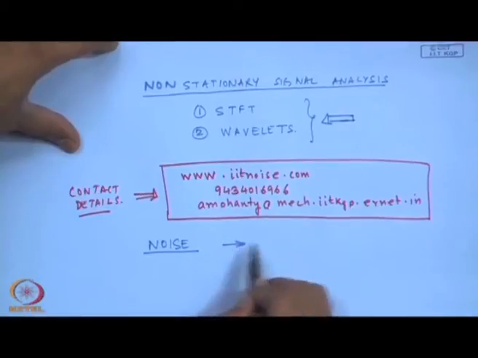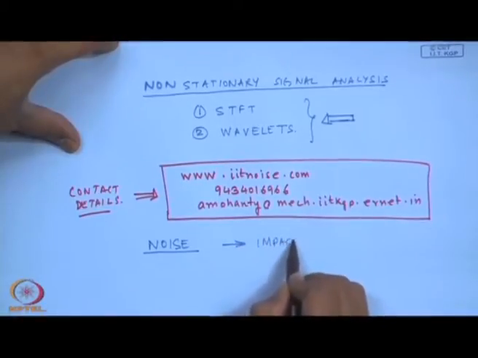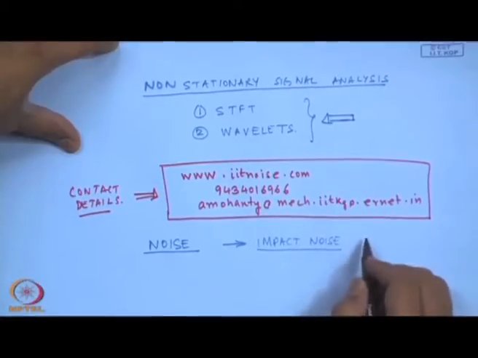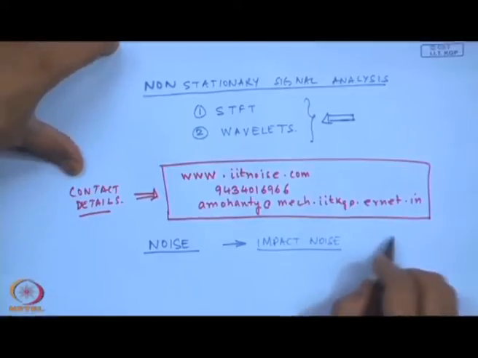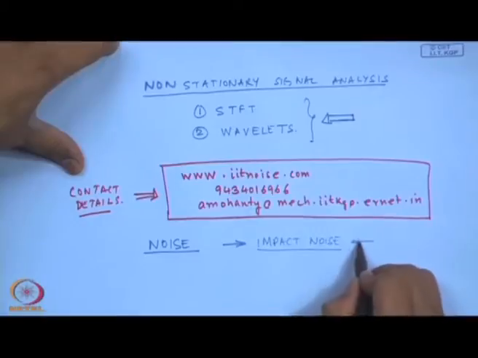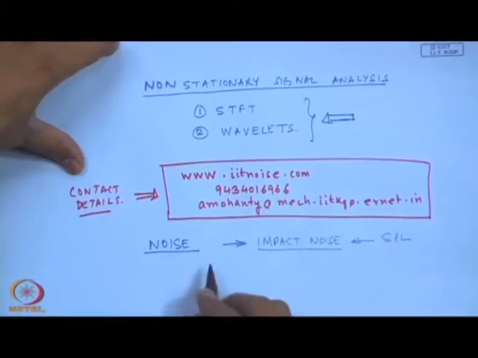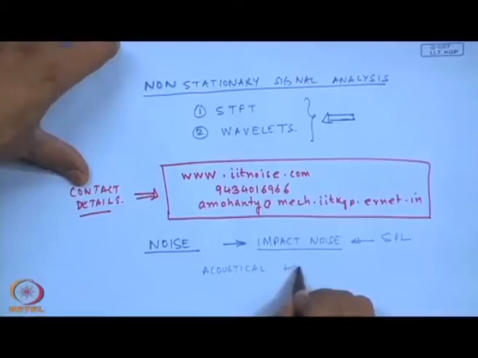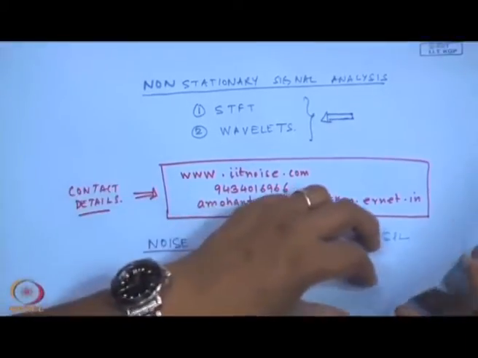So there will be impact noise, and this noise can be captured by a process called SPL, but nowadays techniques of acoustical holography are available, by which the sound field can be detected.